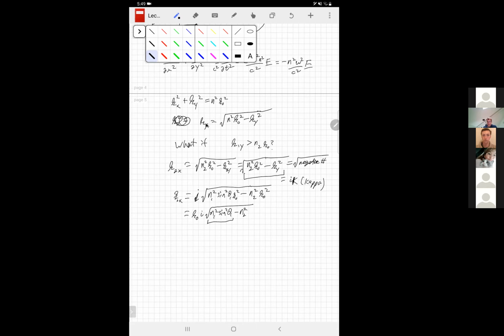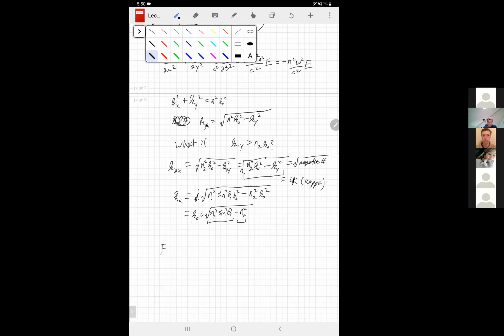And remember, we said n1 sine theta 1 is larger than n2. That's the whole definition of total internal reflection that we talked about at the very beginning of the semester. So the thing underneath the square root now is positive. We're taking the square root of a positive number, we get something positive. So we've got k naught times i times something positive.